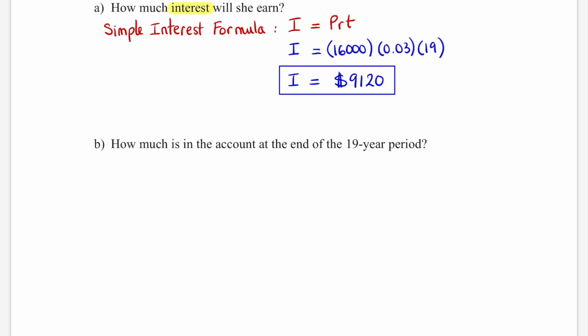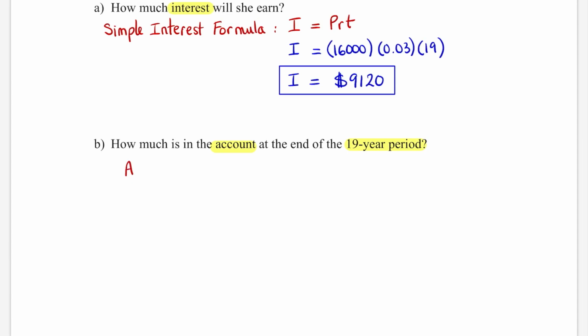Question B. How much is in the account at the end of the 19-year period? Maria starts with $16,000. She left it in there for 19 years with the simple interest rate of 3% per year. So at the end of the 19-year period, she earned $9,120 in interest. So in her account, she'll have $16,000 plus $9,120.